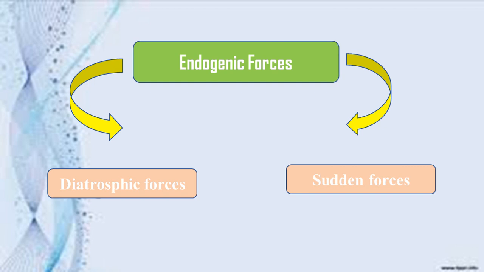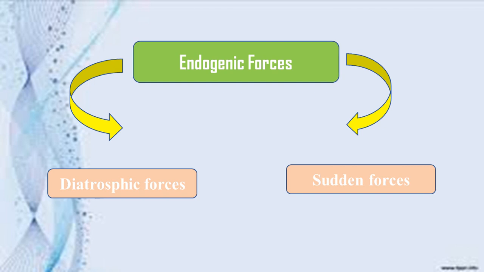Next, we will see endogenic forces. The endogenic forces are also divided into 2 types of forces, diastrophic forces and sudden forces. The diastrophic forces refer to forces generated by the movement of the solid material of the earth's crust.